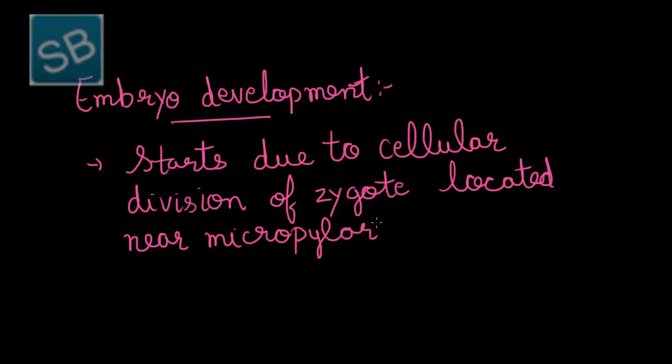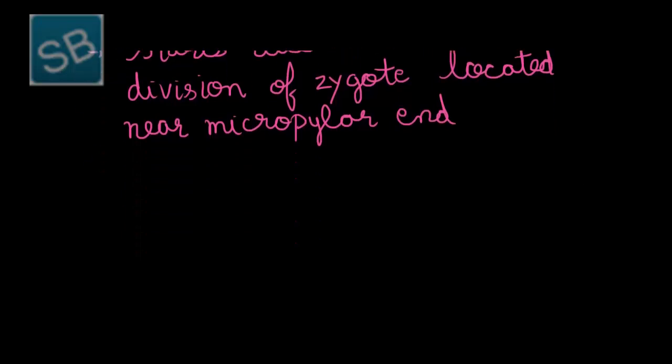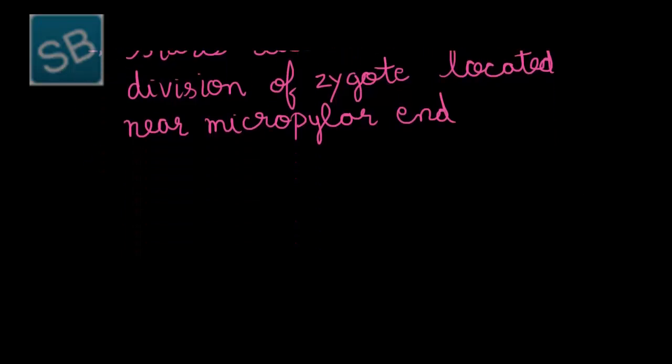In most of the cases, this embryo development starts only after a certain amount of endosperm is developed because it provides an assurity that there are reserves of food material for the developing embryo.